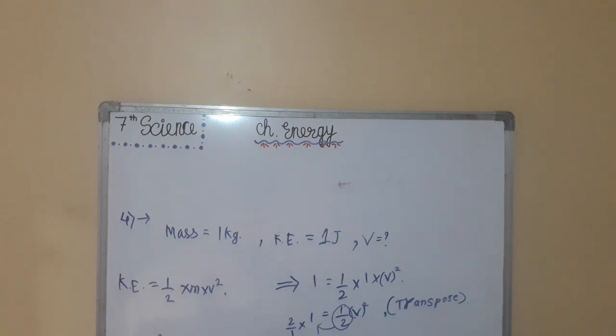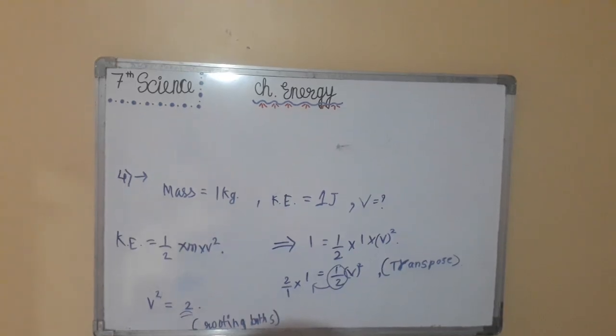Now we have to find the velocity. What will we do? We will do rooting on both sides. Root upon root v square is equal to root 2.